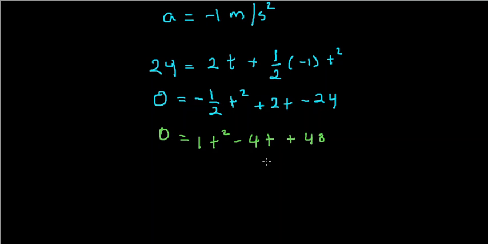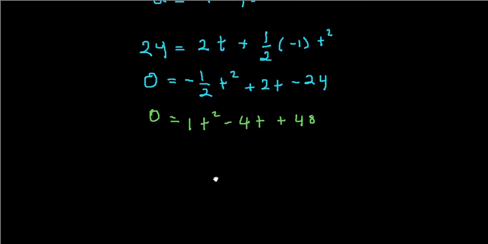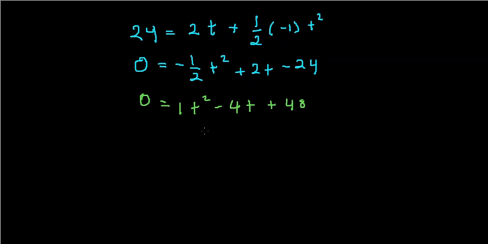And now what we're going to do is try and solve this. I'm just going to tell you now that there aren't any good whole number answers. So let's just go ahead and do the quadratic formula.